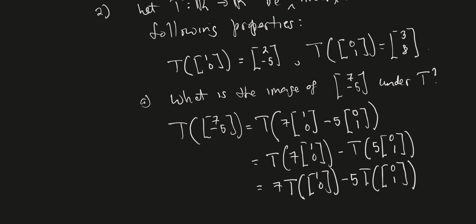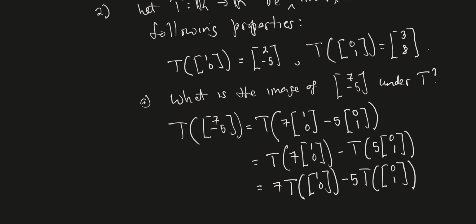Right? So there it is. We've expressed our vector in R2 uniquely as a linear combination of our standard basis vectors. Use the properties of our linear transformation. First, we split it into the difference of these two images, and then factor out the scalar.